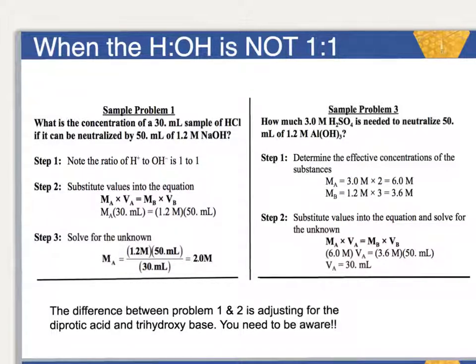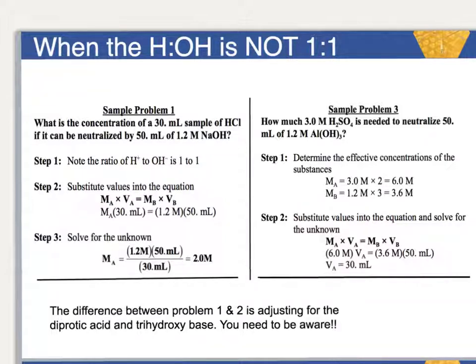In sample problem 3, our H to OH ratio is not 1 to 1. We have 2 H's in H2SO4, and we have 3 OH's in the Al(OH)3. Now there's 2 ways that you can do this problem, and it's completely up to you, whatever is easier for you to remember.